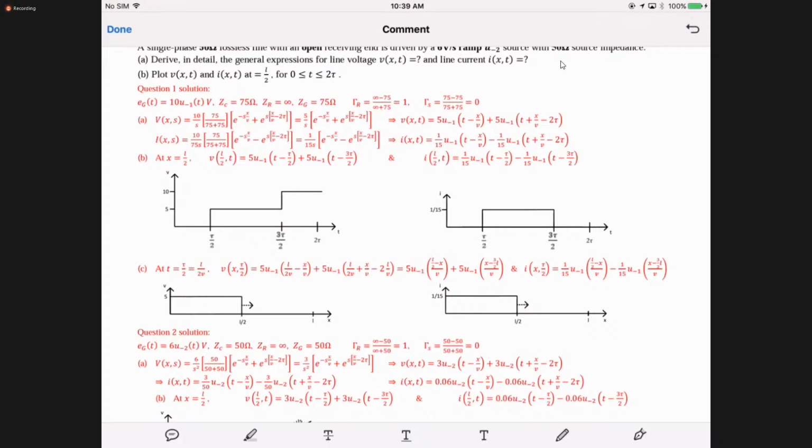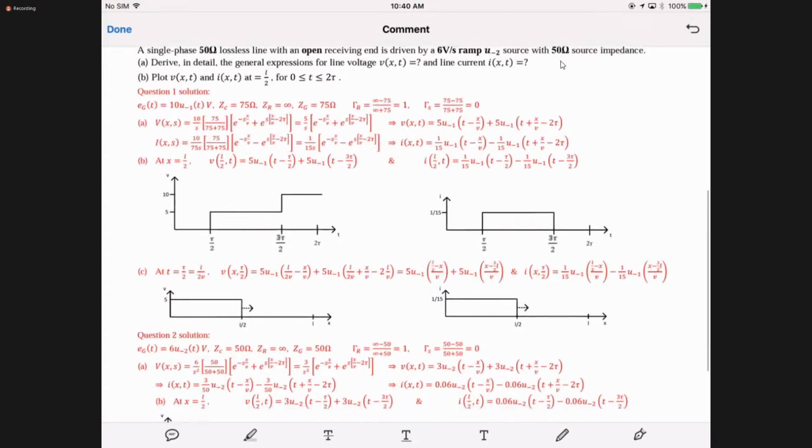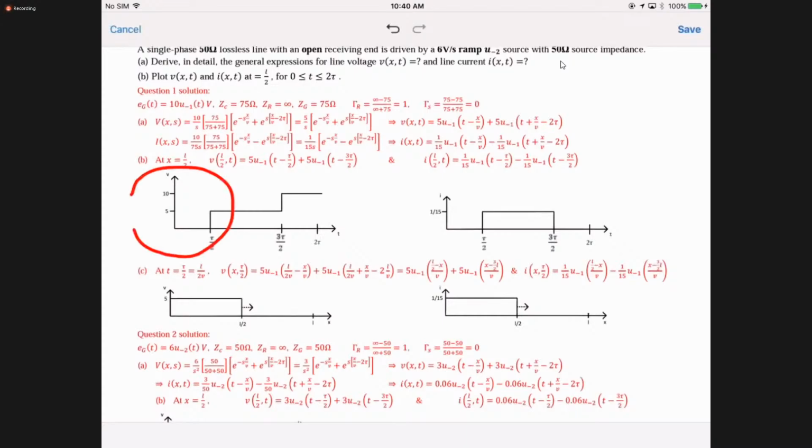But before tau divided by 2 it is 0. The step wave has to propagate, has to go and reach there. This is in the middle of the line. The step wave is coming. It takes tau divided by 2 to start to reach the middle of the line.